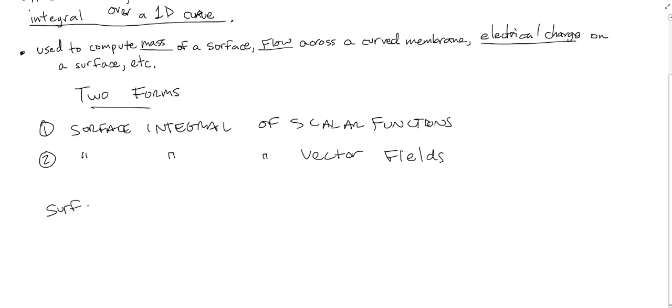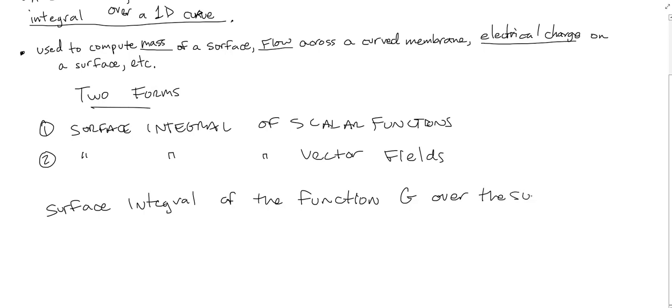We're going to define our surface integral of the function, we'll call it capital G, over the surface that we'll call S. That's going to look like a double integral over our surface S, and in our integrand we have our function G of x, y, z, and then d sigma.